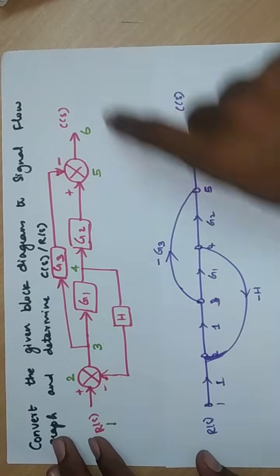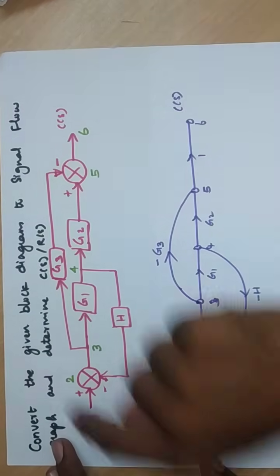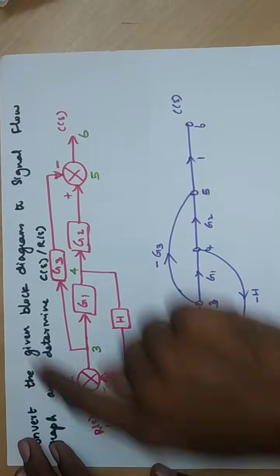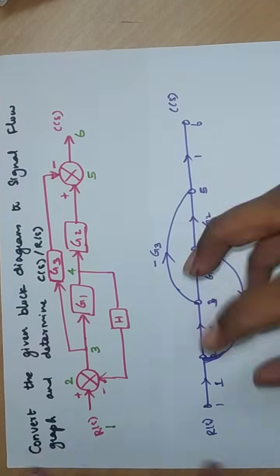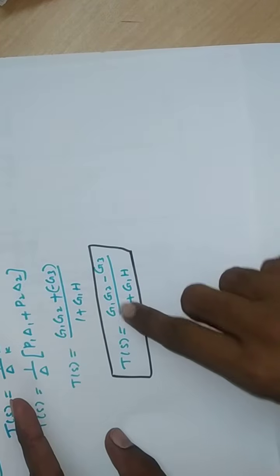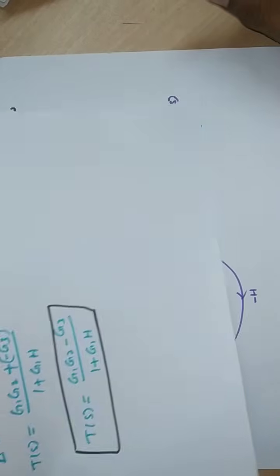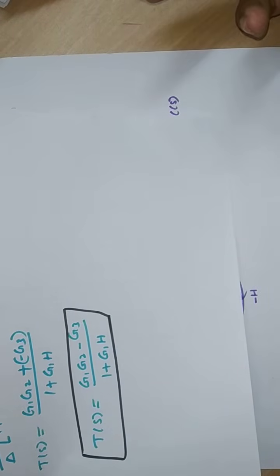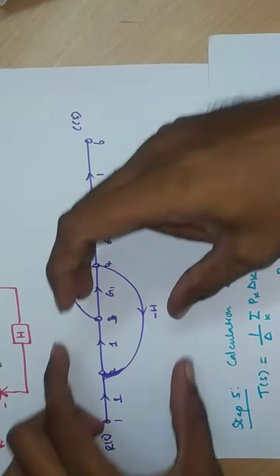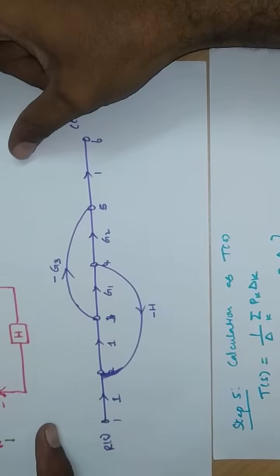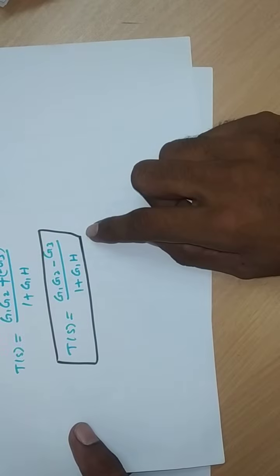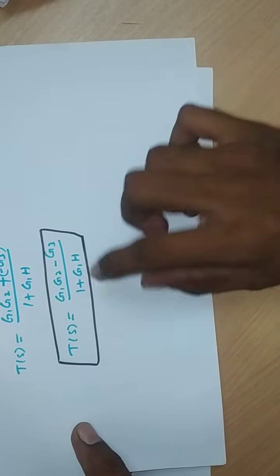If you apply the block diagram reduction technique to the overall block diagram given here and find a single block or a single transfer function, that will also be G1 G2 minus G3 divided by 1 plus G1H. You can verify it yourself. I repeat, we found the equivalent signal flow graph for the given block diagram and applied Mason's gain formula, and found that the overall transfer function is G1 G2 minus G3 divided by 1 plus G1H.